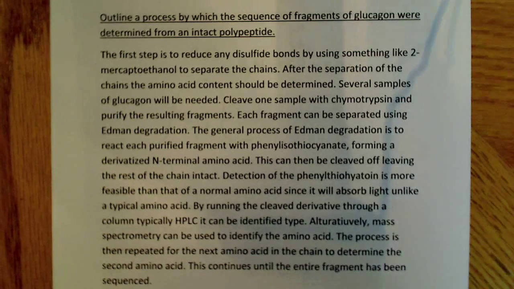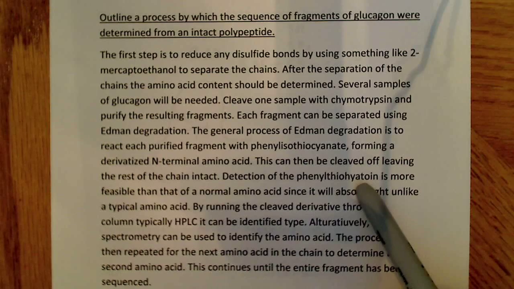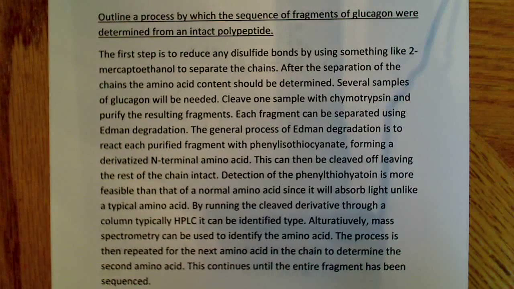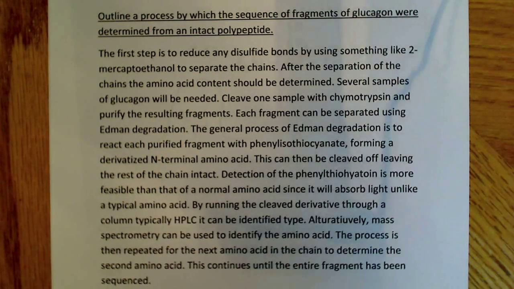Detection with the phenylthiohydantoin derivative is more feasible than with the normal amino acid, since it will absorb light unlike a typical amino acid. So once it's derivatized, it absorbs light. This is a way of finding the amino acid. And by running the derivatized amino acid through a column, typically high-performance liquid chromatography, it can be identified.